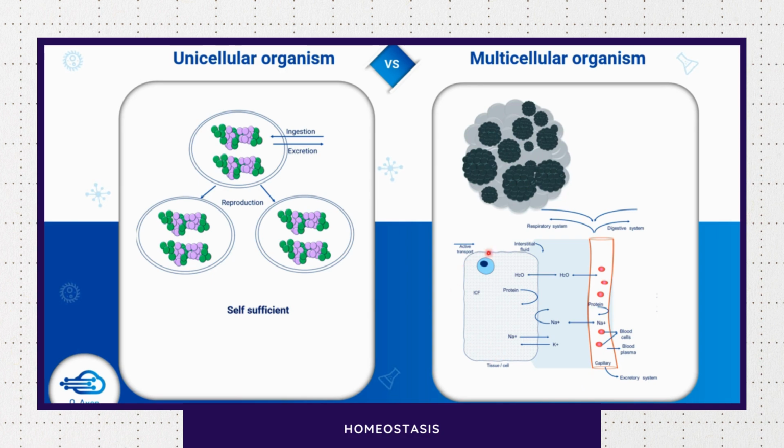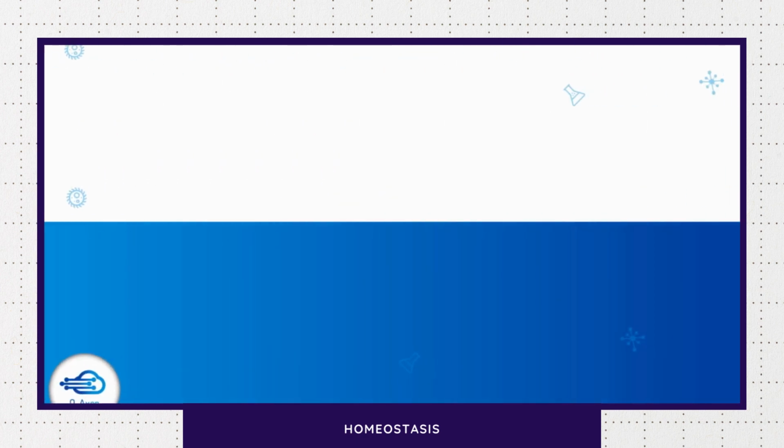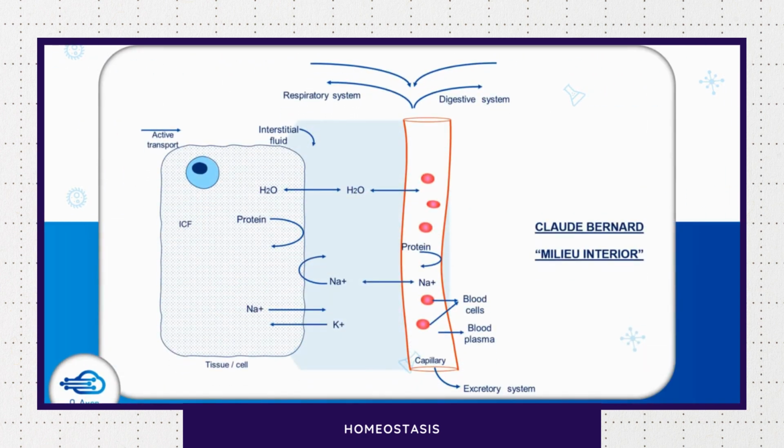This is the environment for the cell in case of multicellular organisms. So multicellular organisms take up the nutrients from this interstitial fluid and release the metabolic end products into the interstitial fluid, which is again in equilibrium with the blood flowing in the capillaries.